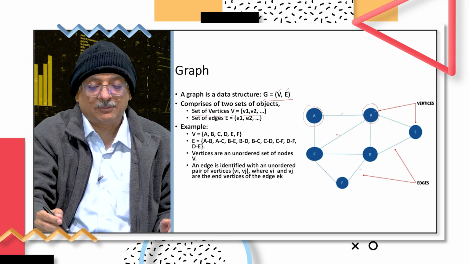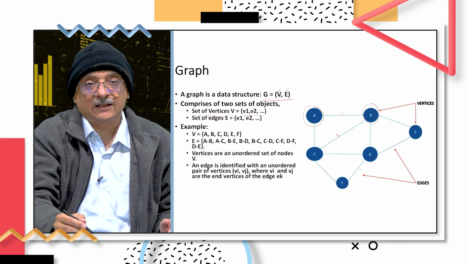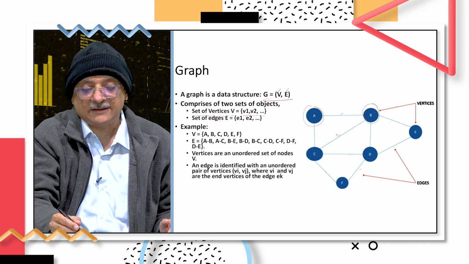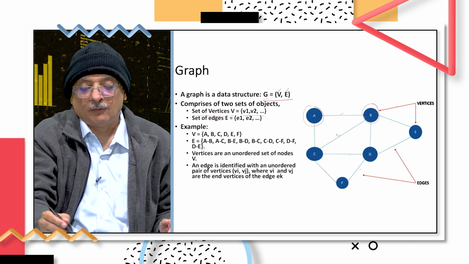So what is the property? A vertex is basically represented with a circle and an edge is connecting two vertices.